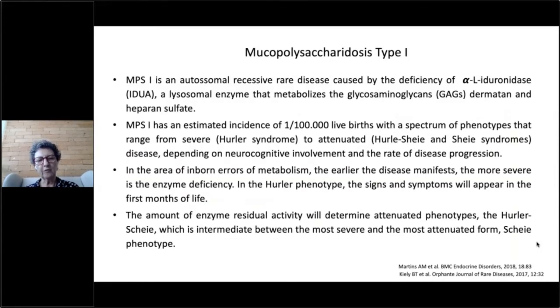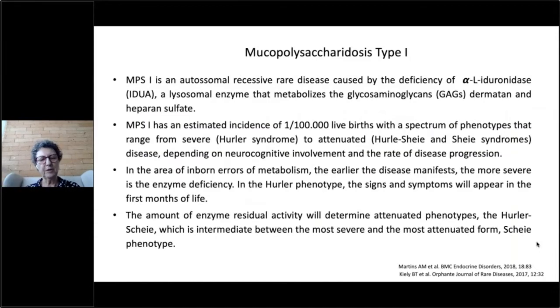In the area of inborn errors of metabolism, that is my field of work, mainly lysosomal storage disorders, the earlier the disease manifests, the more severe is the enzyme deficiency. In the Hurler phenotype, the signs and symptoms will appear in the first months of life, very early, and the attenuated can be late, like 5 years old.